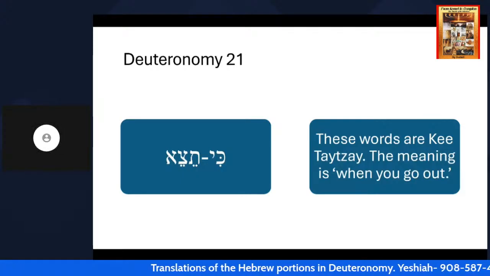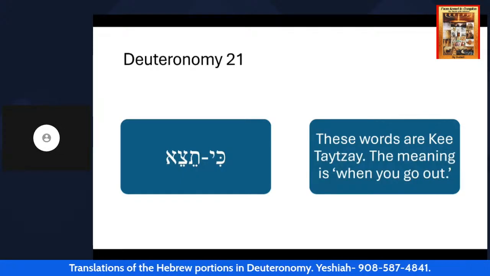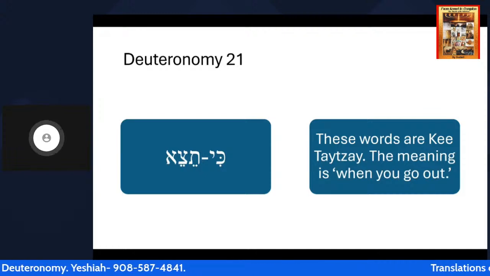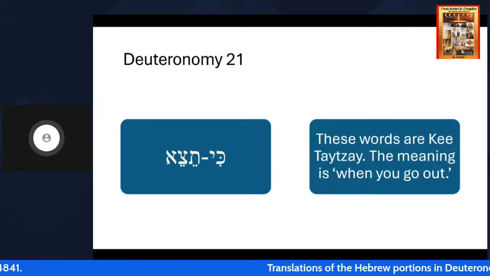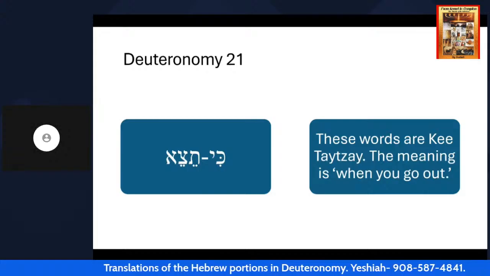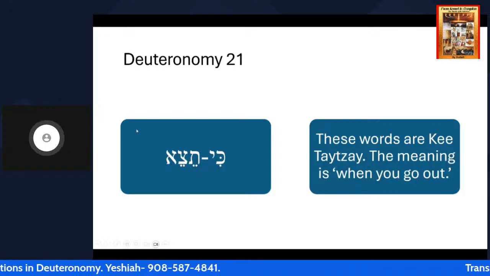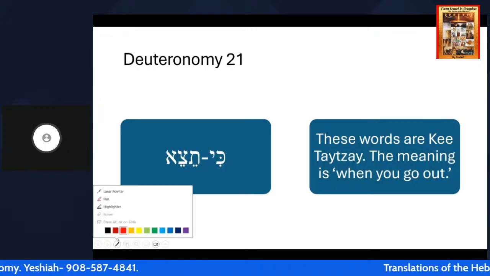Now, this for is not to be confused with the prefix of the letter lamed, meaning to, T-O, or for, F-O-R. This for that we see, meaning because as well.